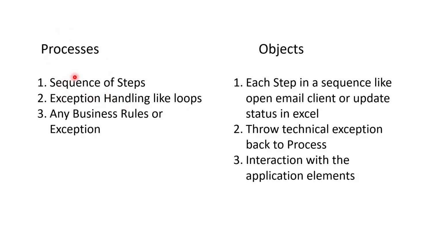Also, business rules, like checking the date is greater than 3 days, or an amount check, or a mandatory field check, all these business rules will be in the processes.